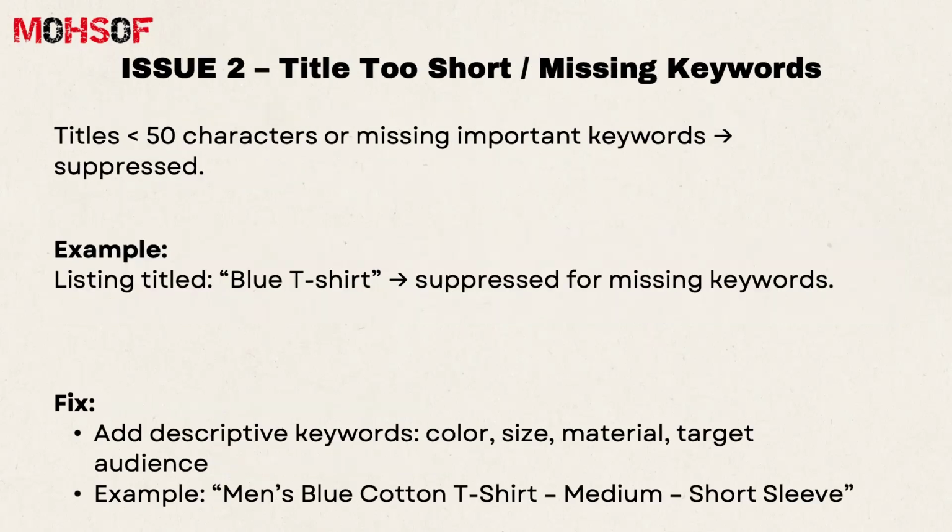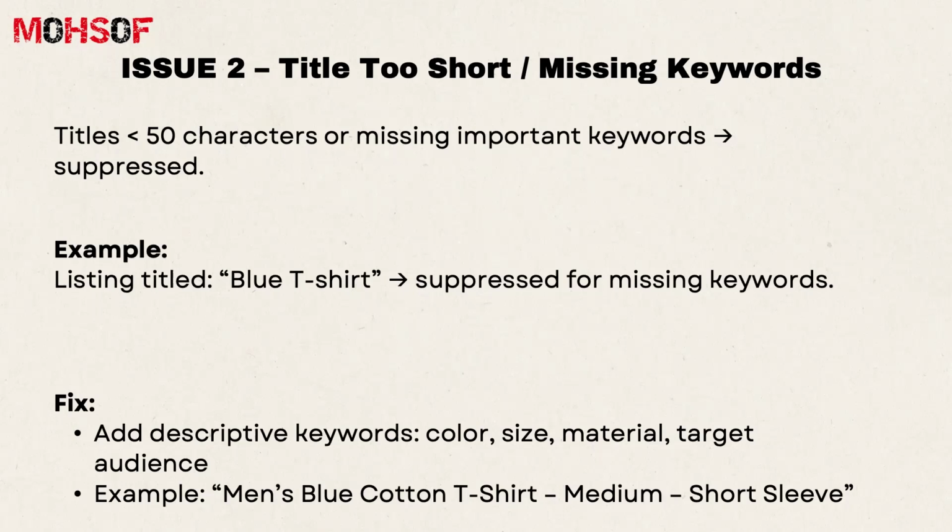The next thing is title too short and keywords missing from the title. This is another reason for suppression. The requirement is 50 characters minimum and a maximum of around 180 or 210 characters, so you need to write your title in between. For example, if you are going to sell a blue t-shirt and you write only blue t-shirt, the listing will get suppressed stating that the title is too short.